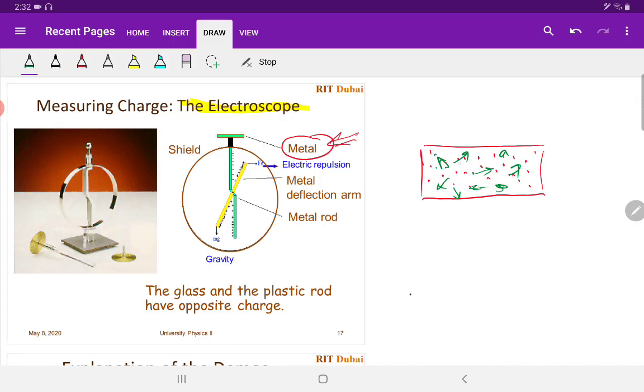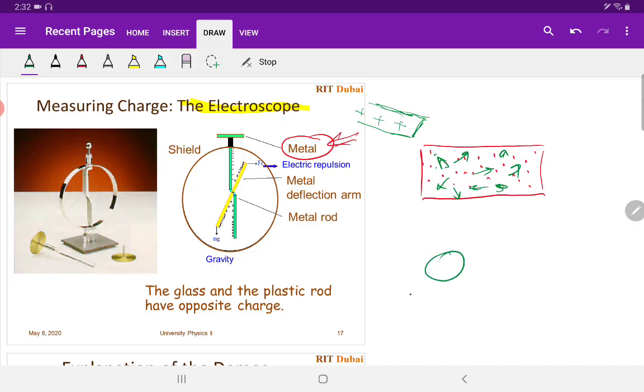Now, because of these free electrons, any particle or object that has a charge, for example, let's assume this is a positive charge, will interact with these electrons.